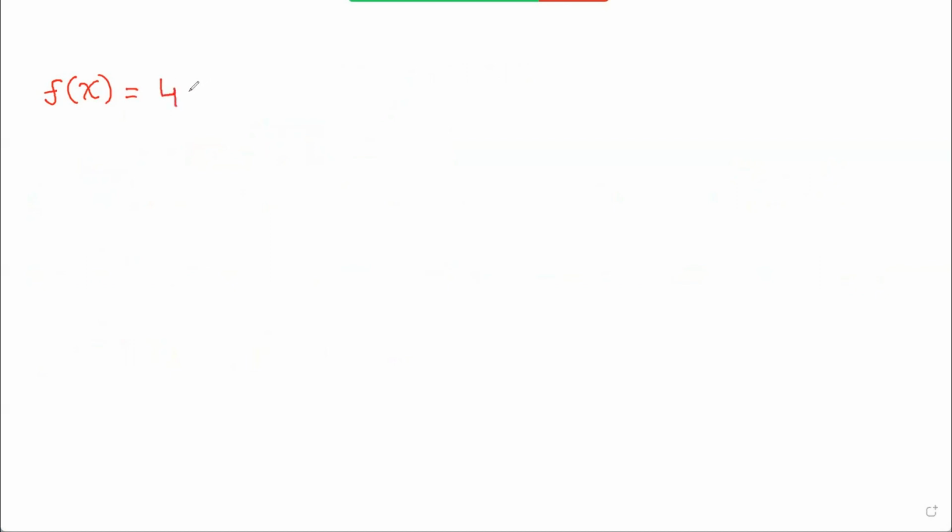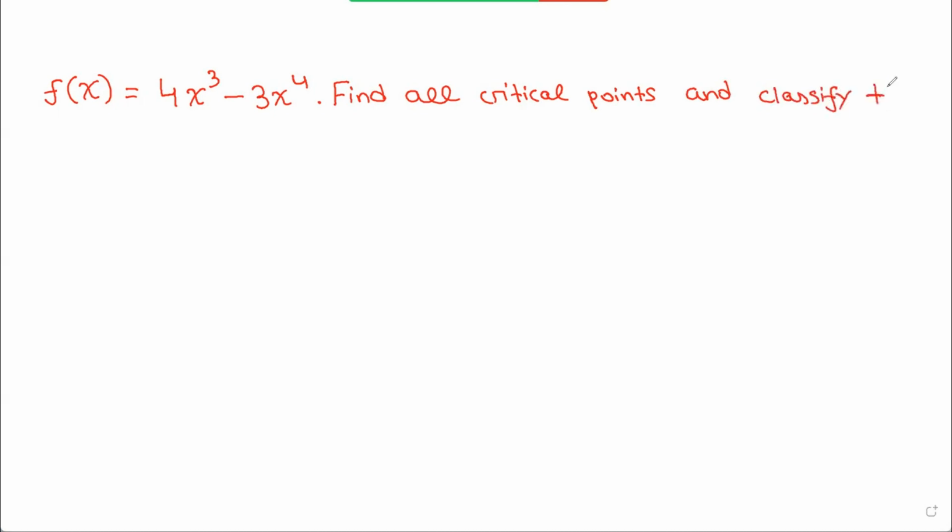So if f of x is equal to 4x cubed minus 3x to the power of 4, find all critical points and classify the critical points using the second derivative test. So this is our question.